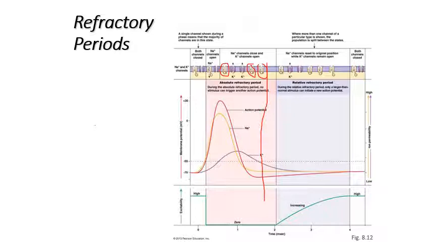Some of them, and not all of them have, but my potassium is still leaving. So here, channels haven't reset, I can't reopen them. Here, some of my channels have reset. I can reopen the sodium channels, but my potassium channels are still open. So those are the reasons for the refractory period.